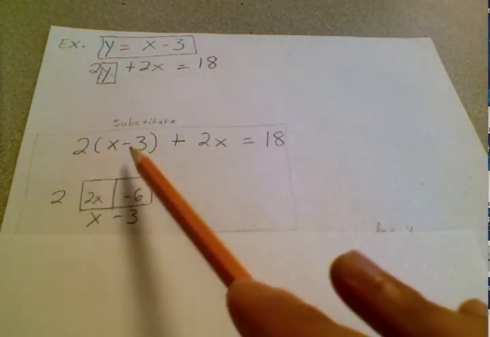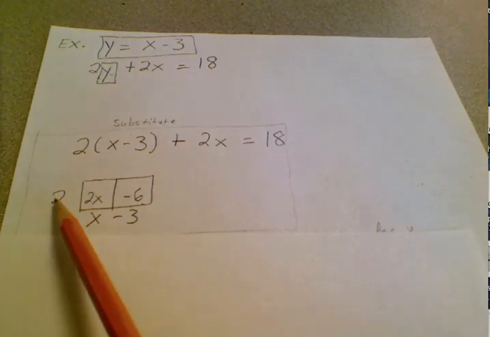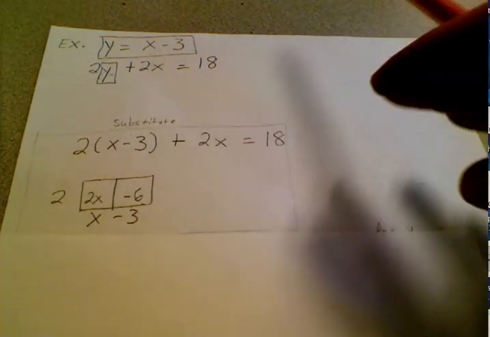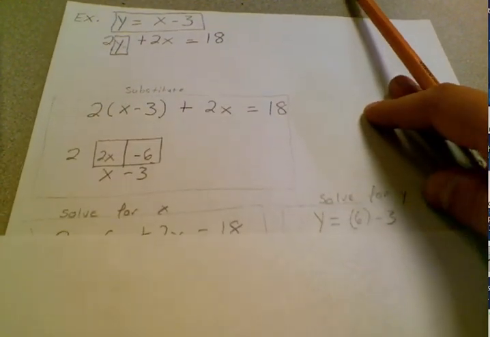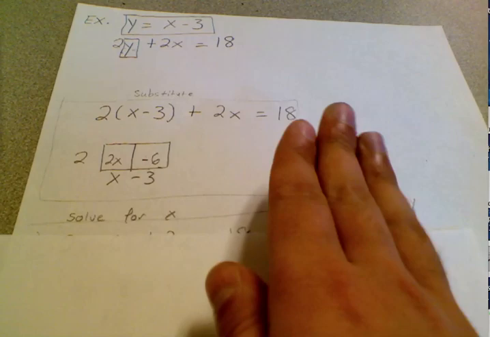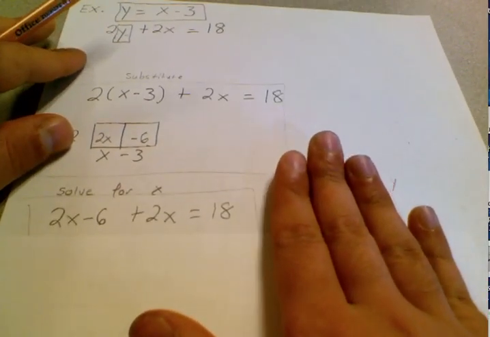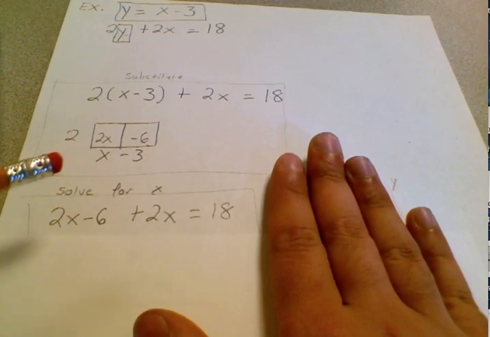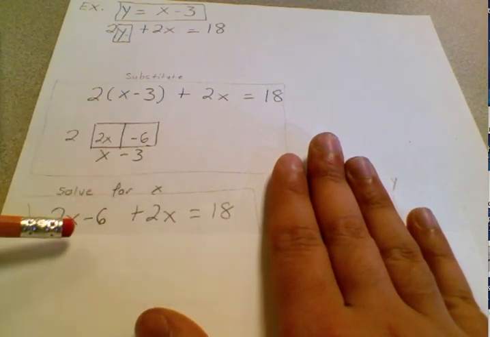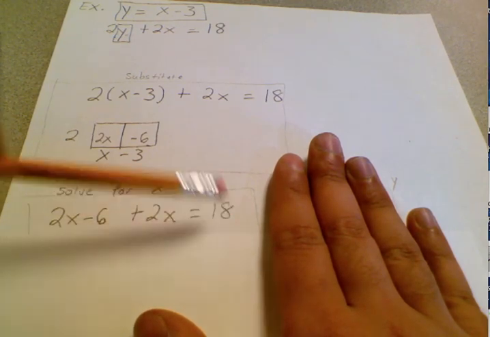I'm going to make my rectangle for 2 times x minus 3. 2 times x is 2x. 2 times negative 3 is negative 6. Now I can pull that out of the parentheses. Next, I'm going to solve for x. Now I have 2x minus 6 plus 2x equals 18.